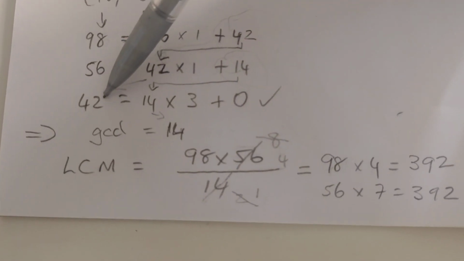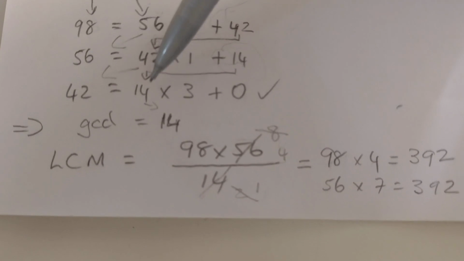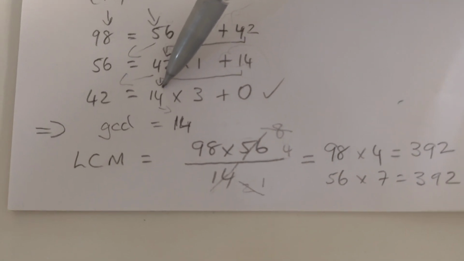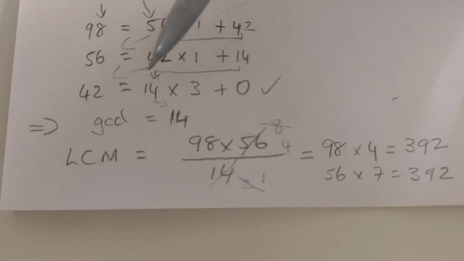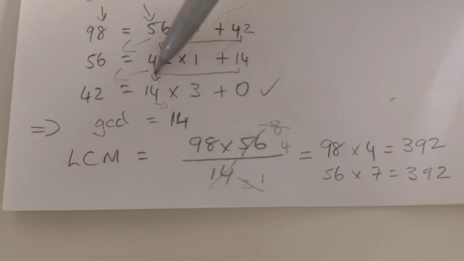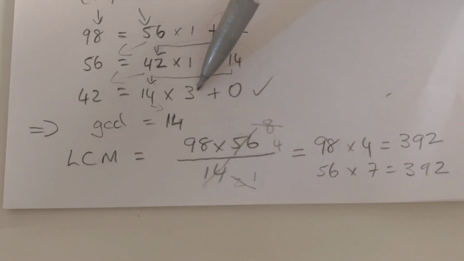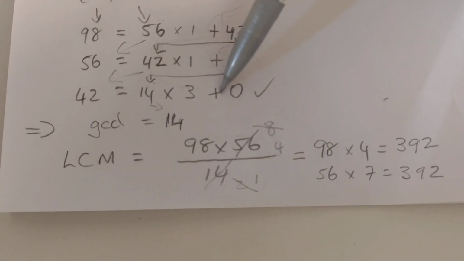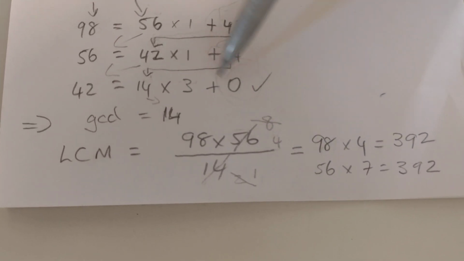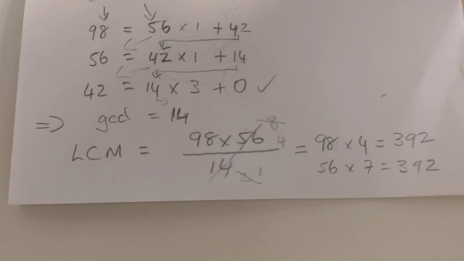We now have the 42 sorted out, and we need to bring the 14 down and see if there's anything we can do with that. We have 42 and we have 14. How many times does that go in? It goes 3 times, and it goes evenly, which is great. We're now at a solution, which means we don't have to add anything else on because it goes in evenly.